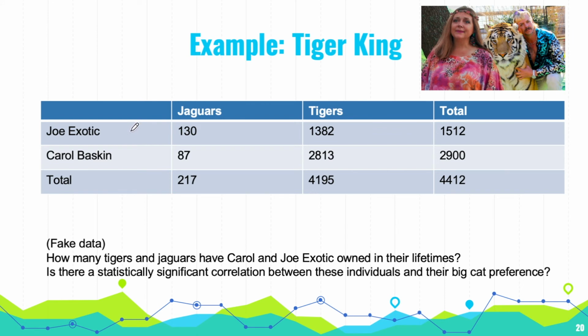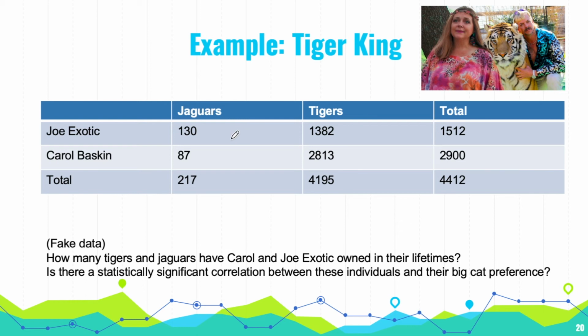So in this fake example using fake data, Joe Exotic owns 130 jaguars and 1,382 tigers. Carole Baskin owns 87 jaguars and 2,113 tigers. We are given a total column and a total row. However, if you weren't, you know how to calculate them, right?